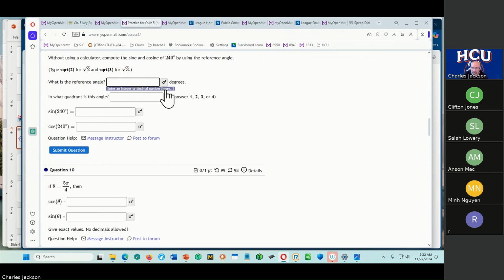Instructions. I hope you people read these, where it says more about the kind of answer they want. Enter your answer as an integer or decimal number. Okay, didn't give us a lot more. Reference angle here is just 60 degrees, so not a big issue there. Now that reference angle is in the third quadrant.